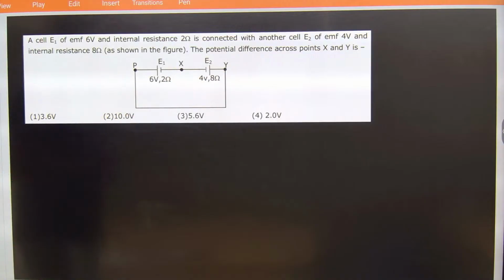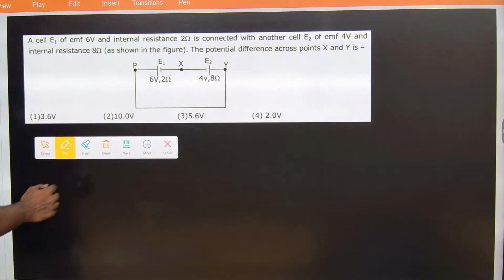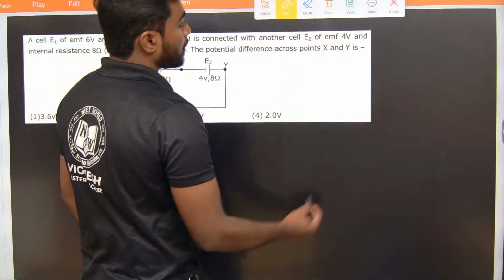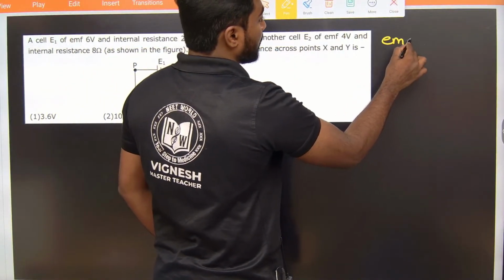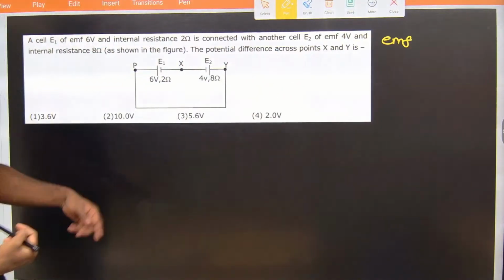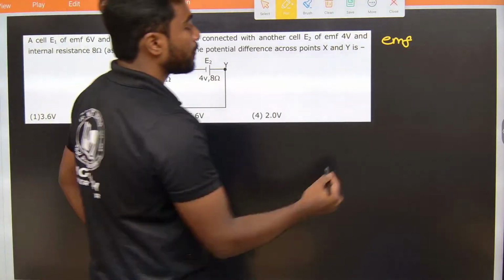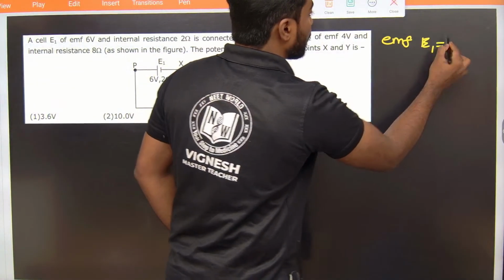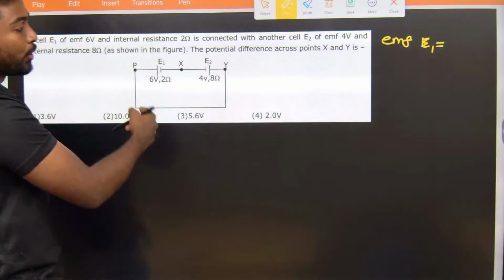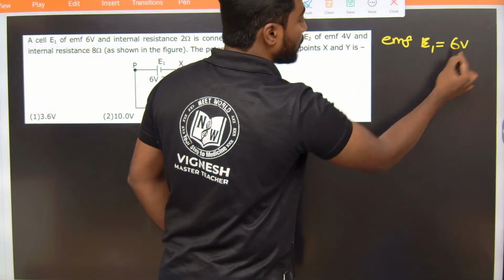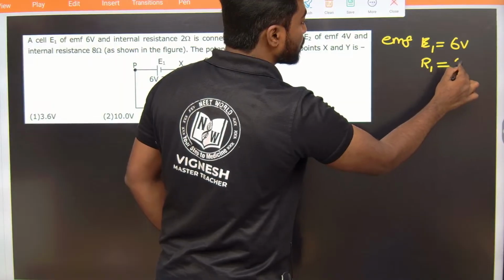Okay. So first let me write whatever the given terms are here. So the given terms are EMF E1 is equals to how much? 6 volt, and resistance R1 is equals to 2 ohm.